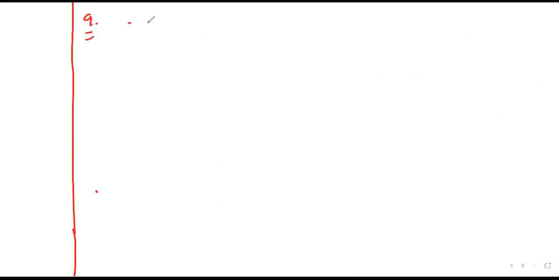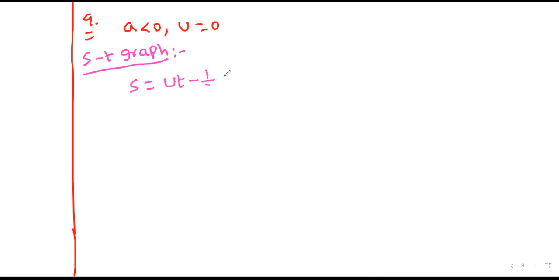That is acceleration is less than 0, u is equal to 0. Firstly, ST graph. That is nothing but S is equal to ut minus half at square. Since u is equal to 0 now, S equal to minus half at square.